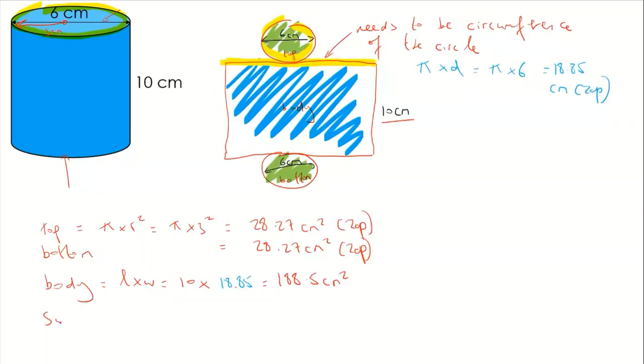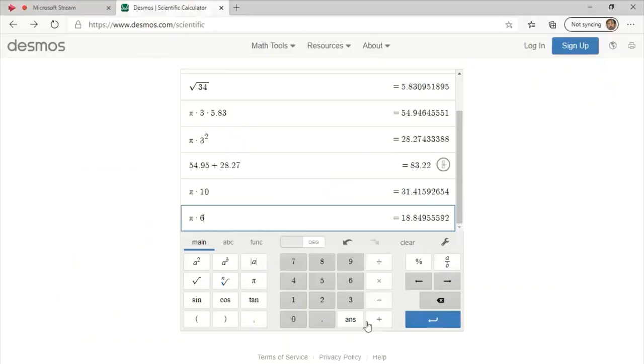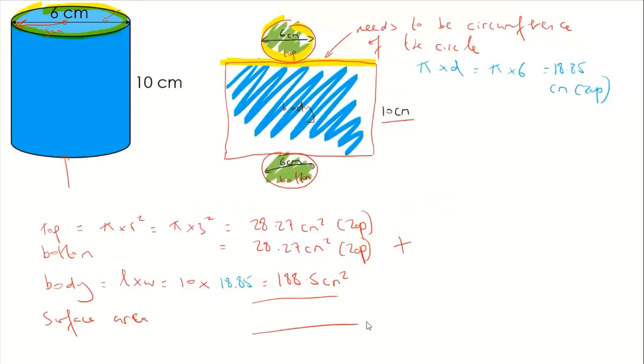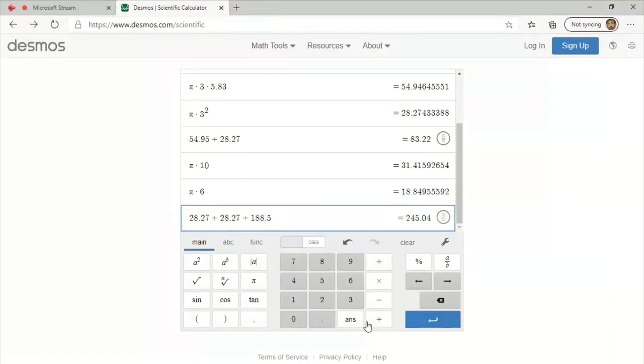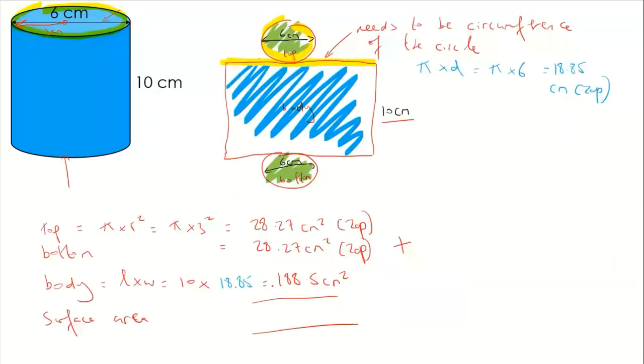So to find the surface area now, remember, just add together these three faces. So 28.27 plus 28.27 plus 188.5 gives me 245.04 cm squared. And we are done with that one.